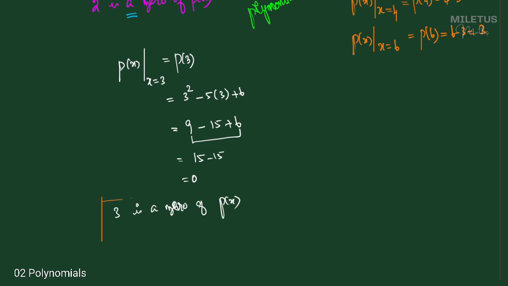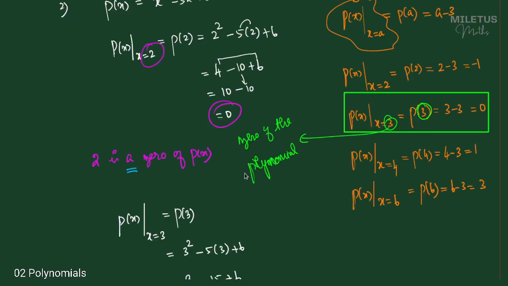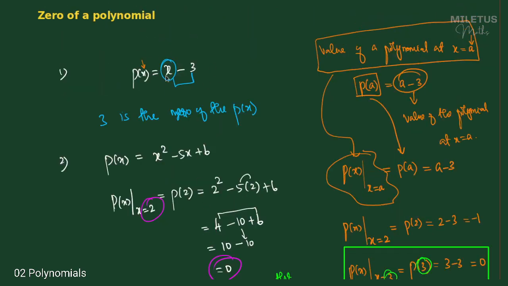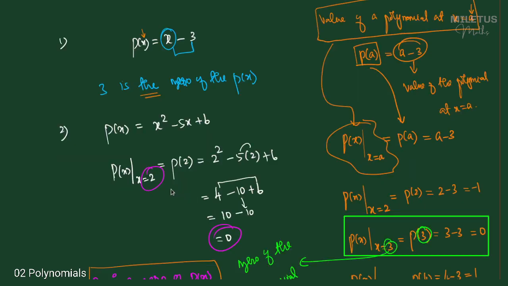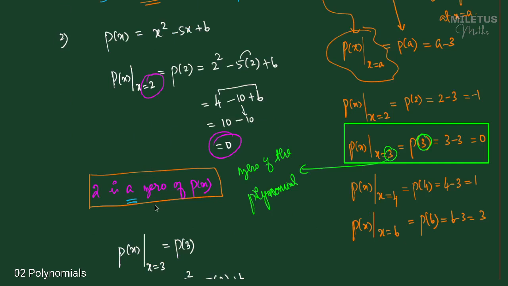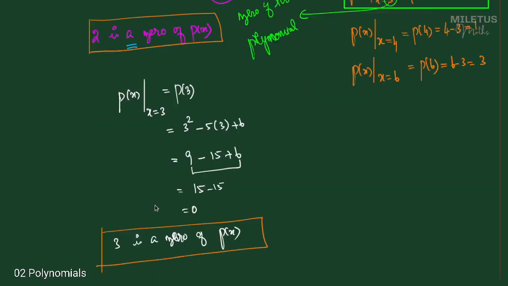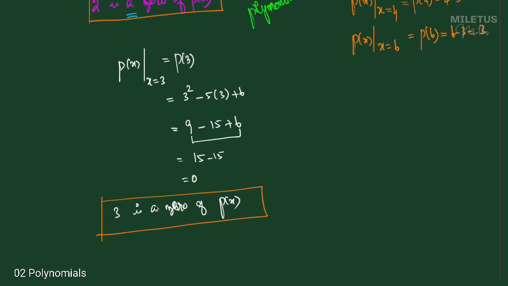So depending on your polynomial, there can be 1 0 or there can be 2 zeros. In the previous case I took a linear polynomial and confidently wrote that 3 is the only 0, and I will show it later. But here, in the case of a quadratic polynomial, I was able to find 2 different values that give you 0 as the value of the polynomial.